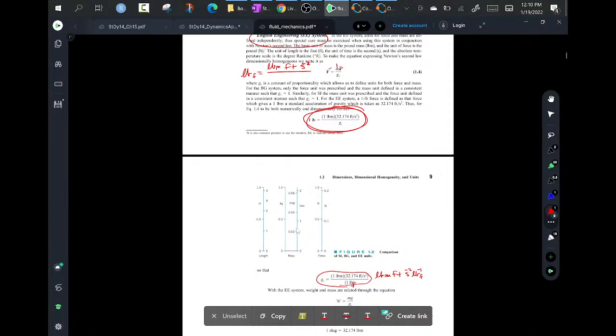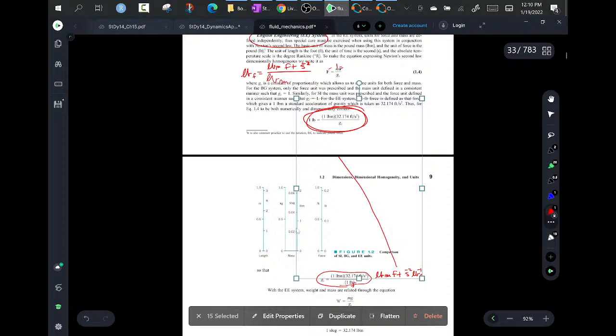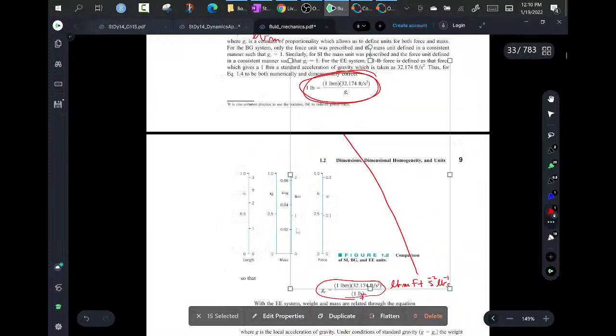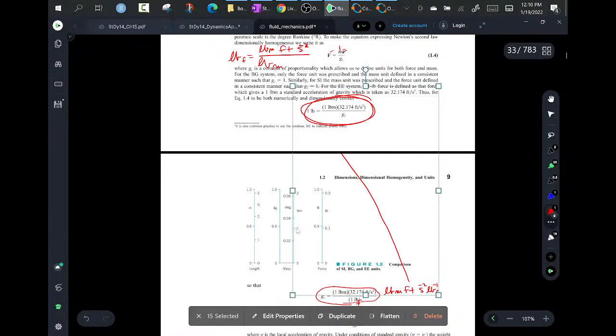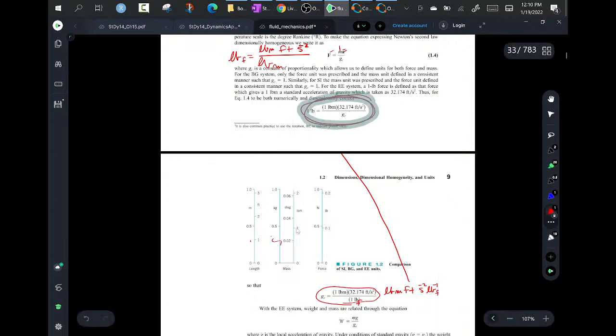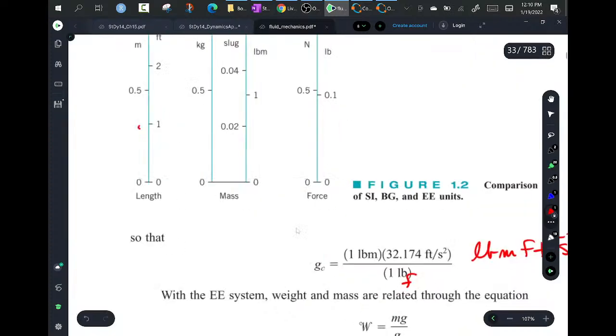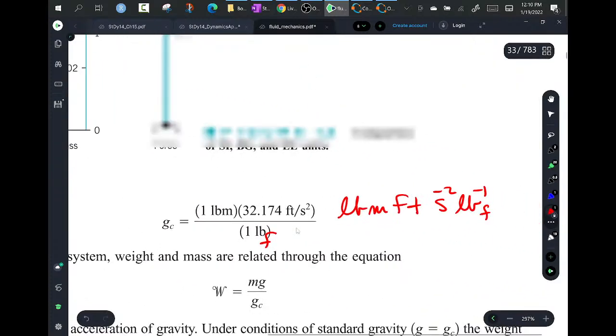Let's see. So what I have is a pound mass. I'm copying this over here. You can see he doesn't let me, I mean, I could try to copy it. Will it allow me to do that? Copy. Ooh, that's weird. I don't know what I'm looking at there. Get rid of all this. Let's try this again.